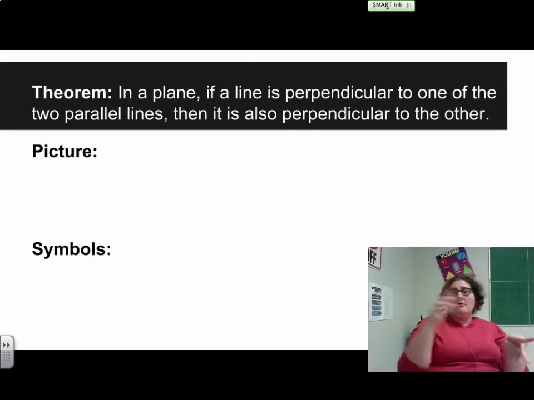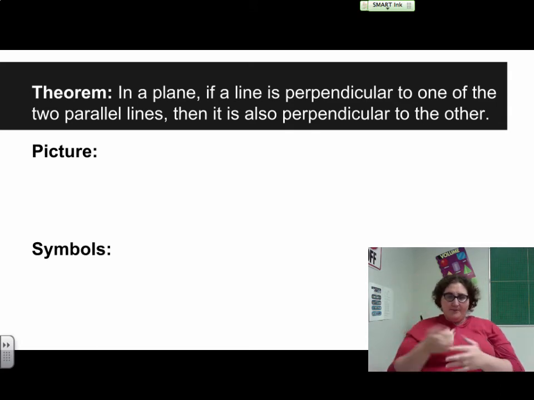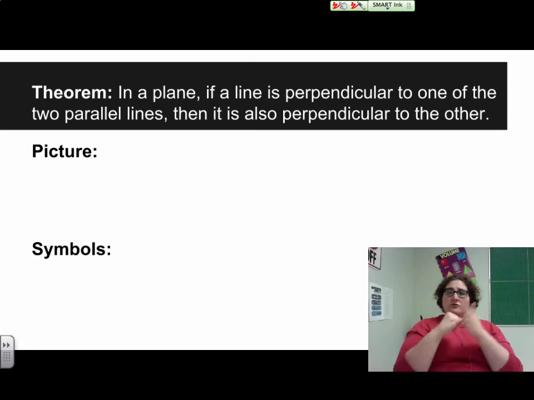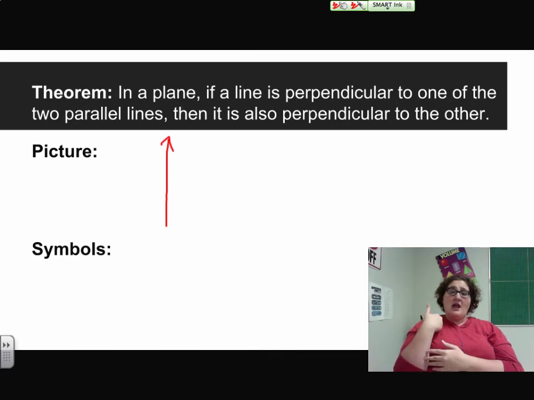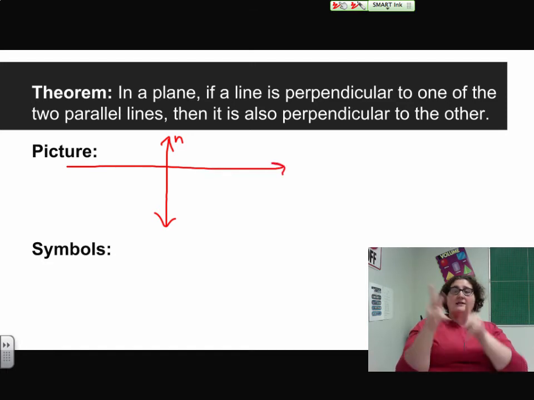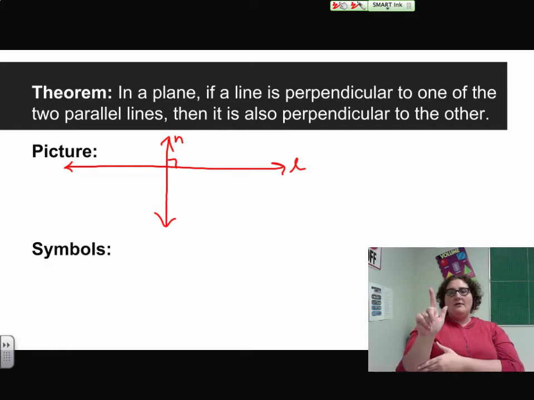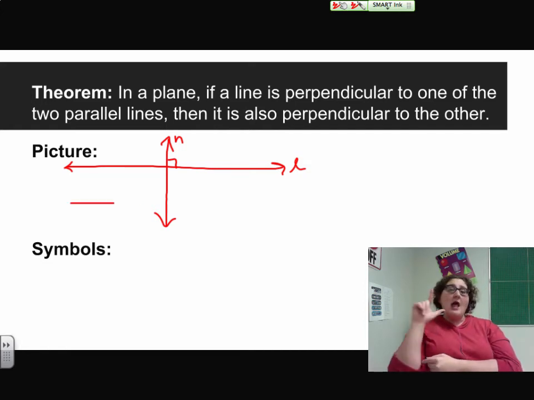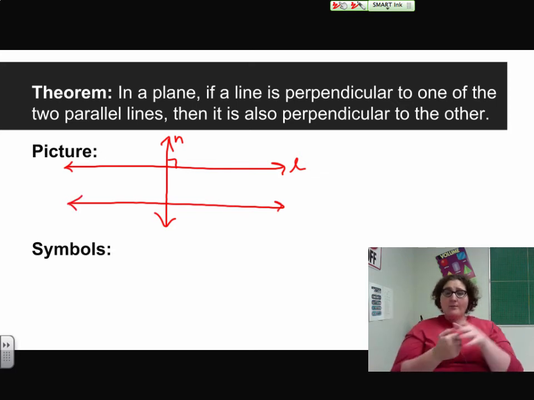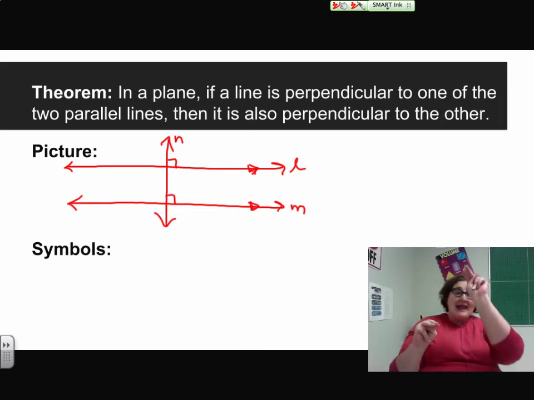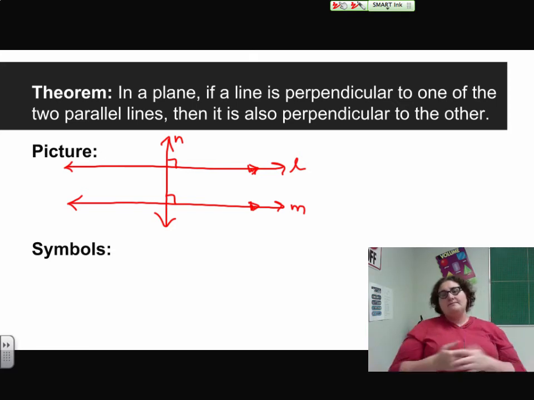So what this is saying, if I was drawing a picture, is that if I have line N and it's perpendicular to line L, and I know that L and M are parallel to each other, then I know that M and N must be perpendicular. And it's because those corresponding angles have to be congruent.